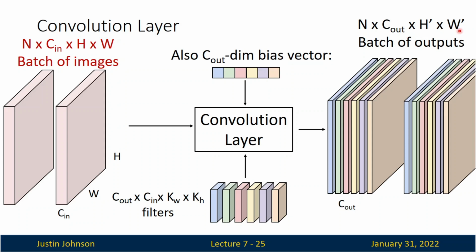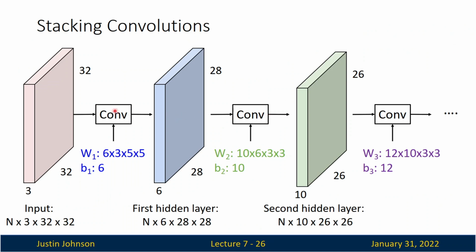So what will be h prime and w prime? Let's see. Say our W1 is 6 by 3 by 5 by 5, and then our second layer W2 has 10 kernels of size 3 by 3. The output of the first hidden layer is n times 6 times 28 by 28. Do you see why this is 28?